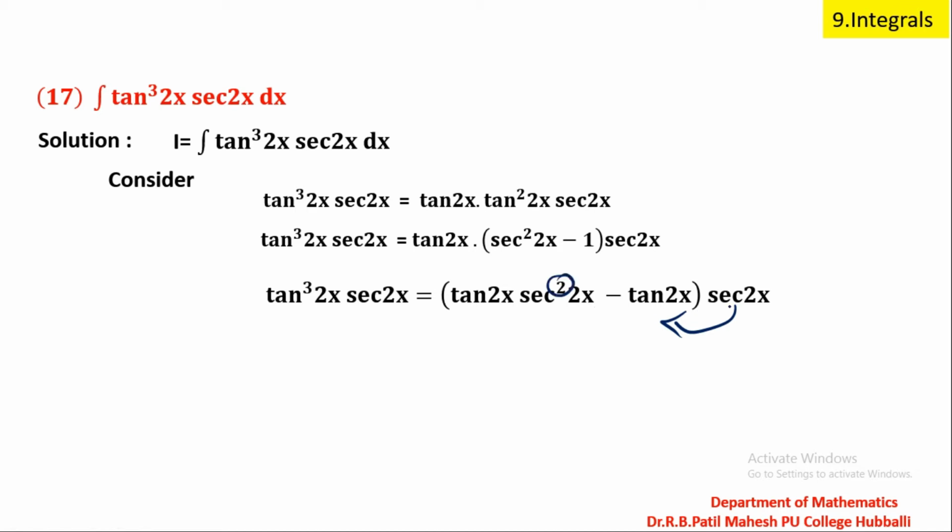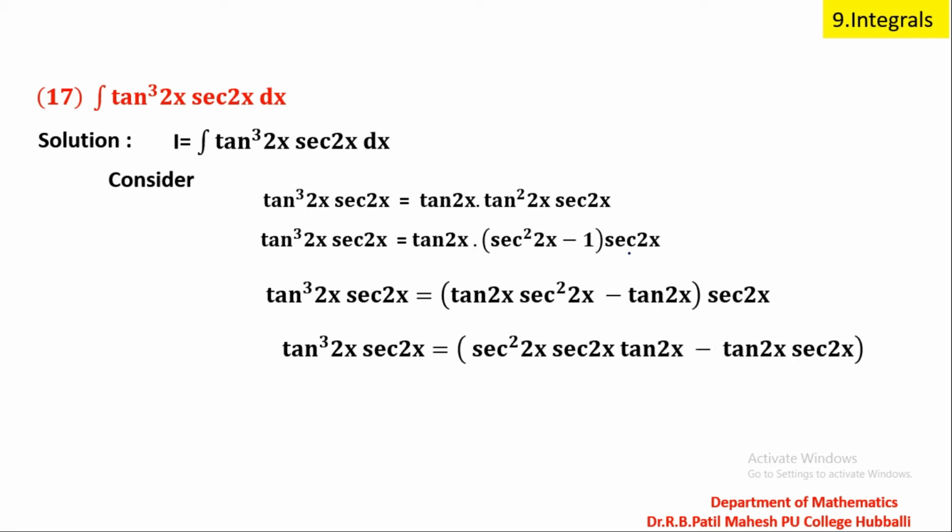If sec 2x comes here, suddenly you may feel that I should write sec cube 2x, but don't do it, students. If you do that, whatever we are thinking will collapse. So just write secant square 2x, tan 2x, and multiply sec 2x as it is. Now tan 2x, here also it will come as tan 2x into sec 2x.